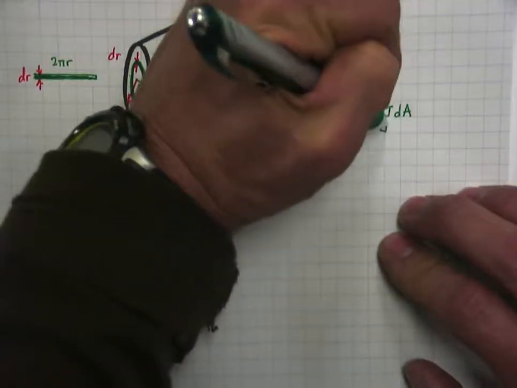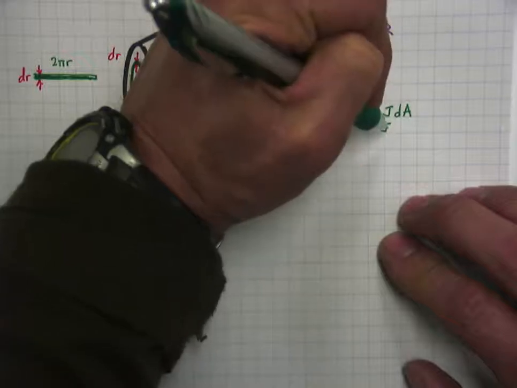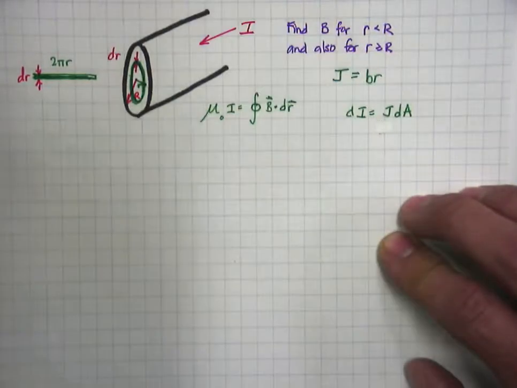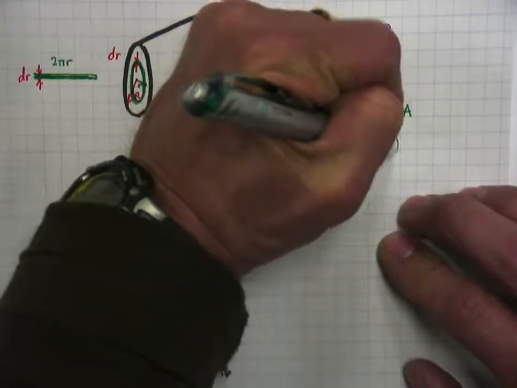So we've got the current density, J. Well, here we might as well go ahead and describe J in terms given up here. That's b r.